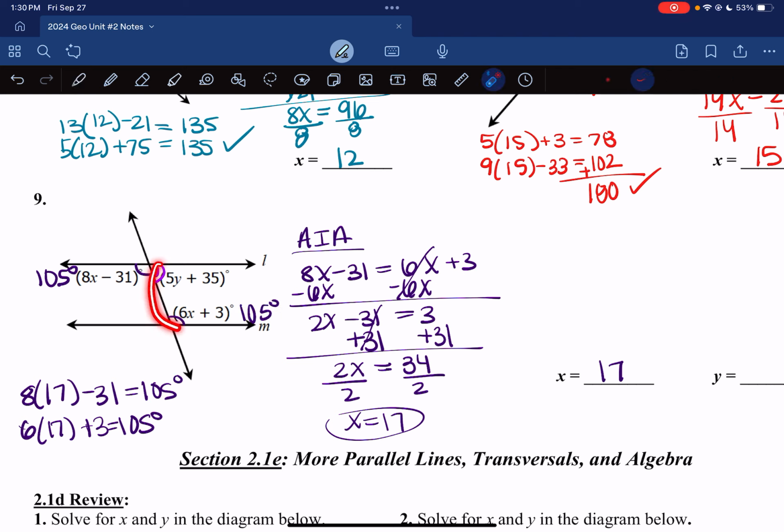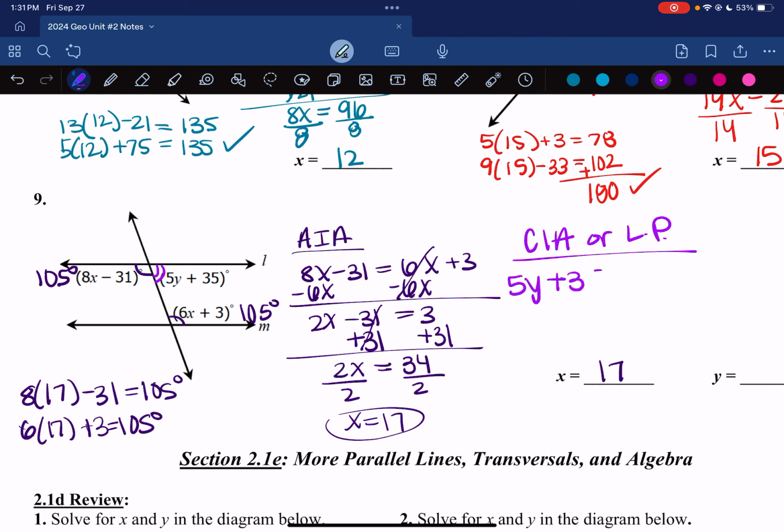If we look at these two angles right here, they are consecutive interior angles, which means they add to 180. And if you look at your two angles here, they are a linear pair, which means they add to 180. So our equation, either way, would be 5y plus 35 plus 105 equals 180.